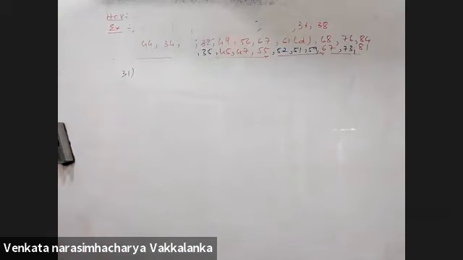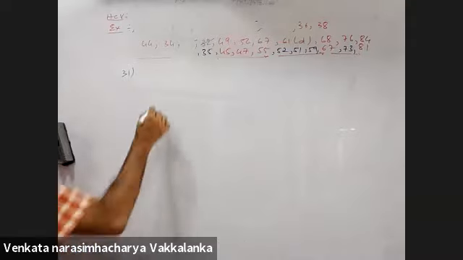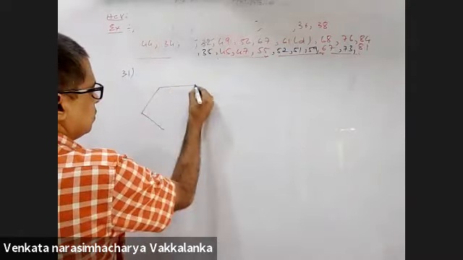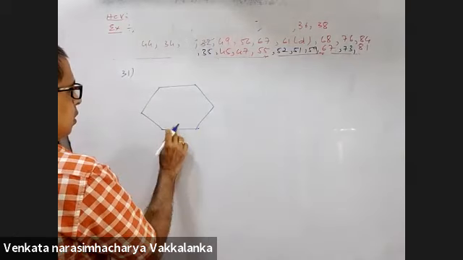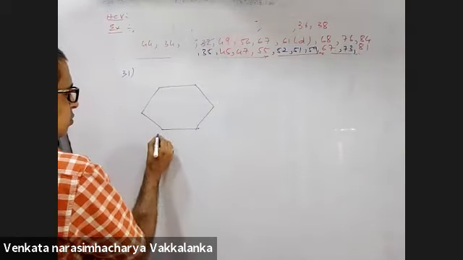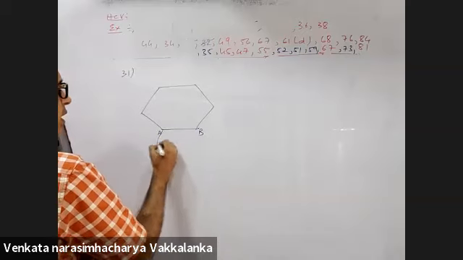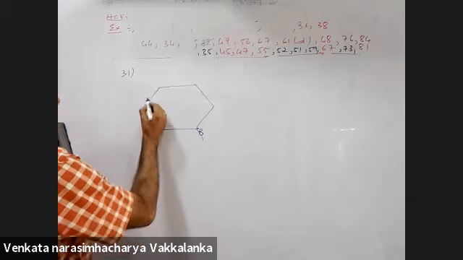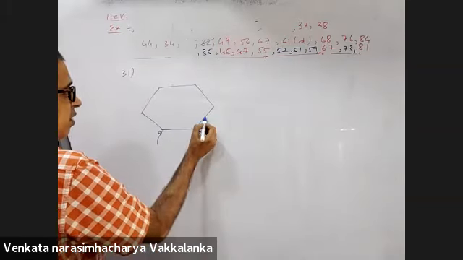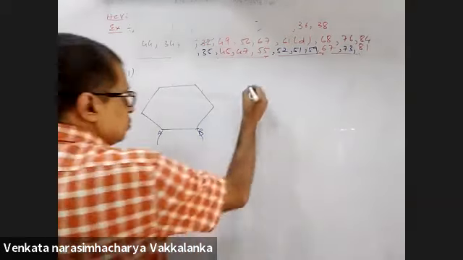31. Wire of resistance 15 ohm is bent in the form of a regular hexagon. A, B, C. The hexagon will have how many sides? 6. 1, 2, 3, 4, 5, 6. If I want equivalent resistance across AB, these 5 are in series, that is in parallel with this.